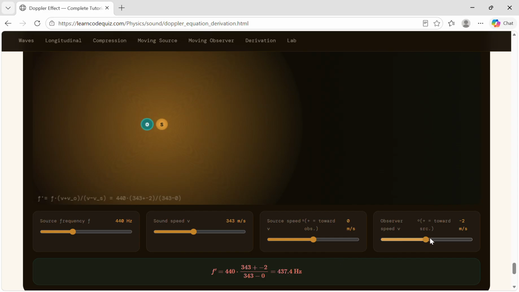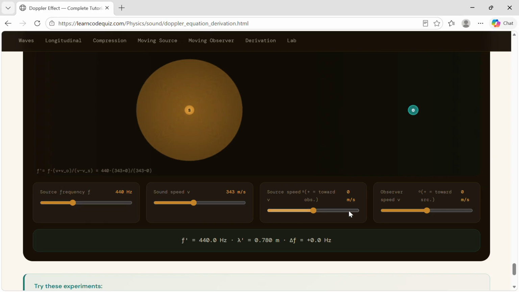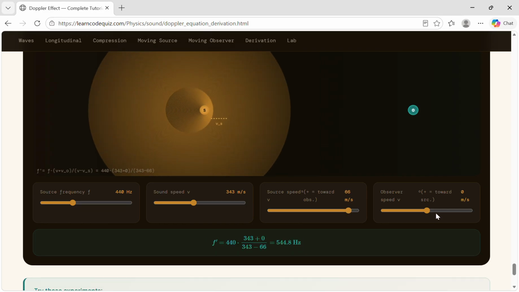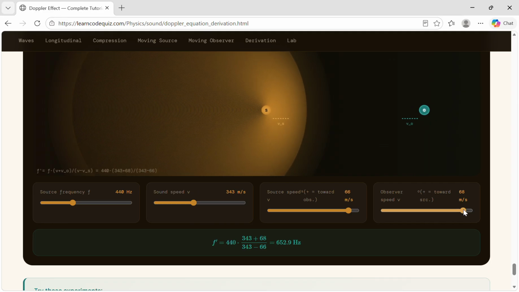Now what I want to do is put the source towards the observer and the observer towards the source. Okay, let me just refresh it. Observer towards the source and the source towards the observer.